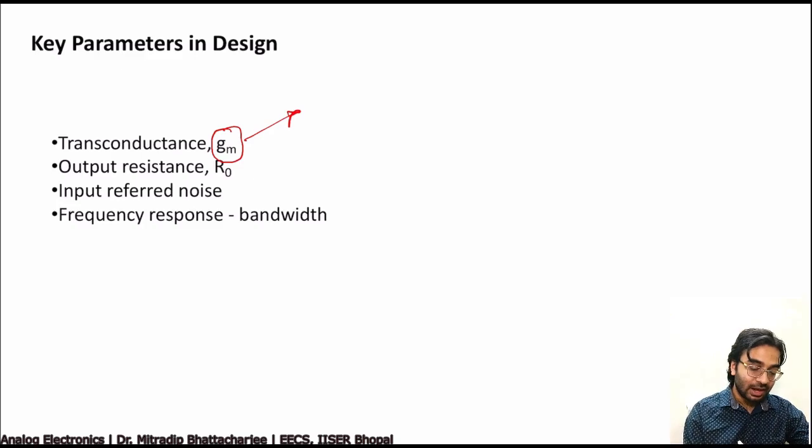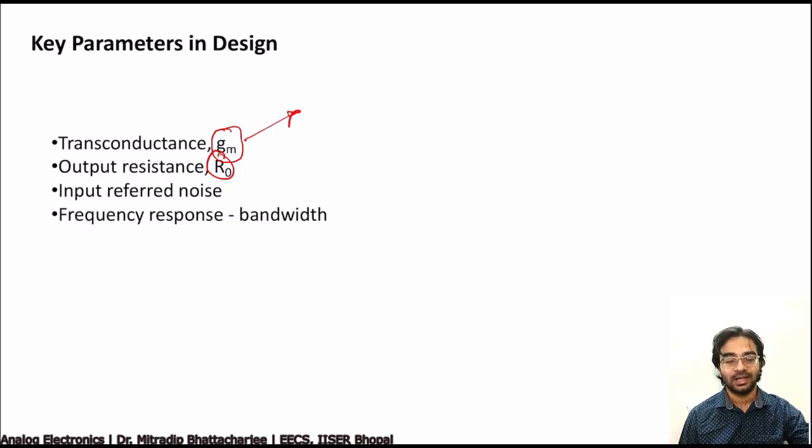Then there is output resistance, which is also important. Output resistance ideally should be infinite. However, you may need to change the output resistance for different applications. But whether we can change the output resistance or not, this is a question.